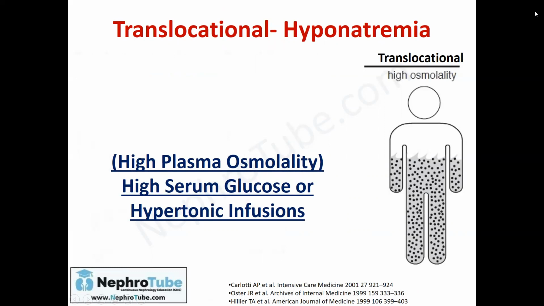Translocational hyponatremia is hyponatremia with high osmolality. It occurs when there is high serum glucose or a hypertonic infusion such as mannitol, or when there is irrigation of the prostate or bladder by the urologist, whatever the type of hypertonic infusion.